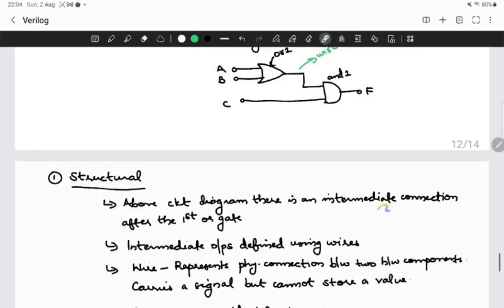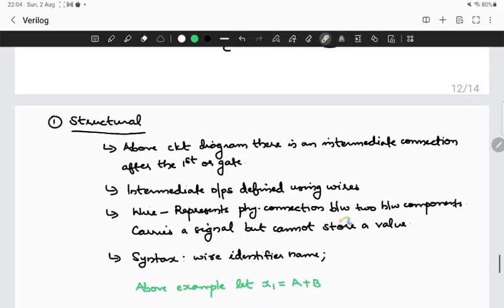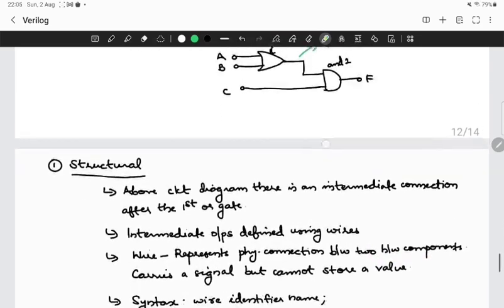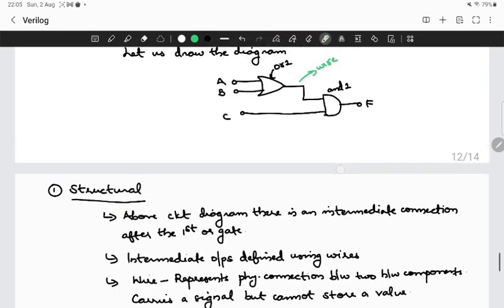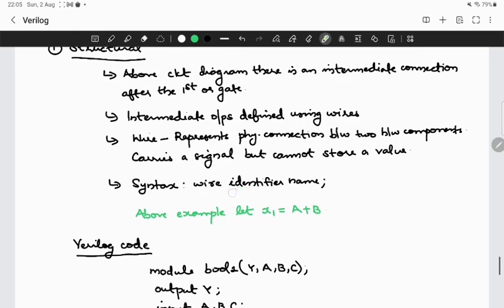There is an intermediate connection or output after the first OR gate, so it has to be defined as a wire. A wire represents a physical connection between two hardware components. It carries a signal which is 1 or 0, but it will not store a value. The syntax is wire and the identifier name. In our case, it will be wire x1, where x1 equals A or B.